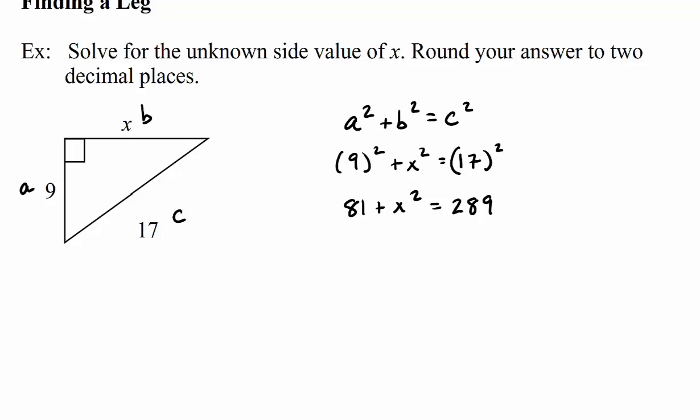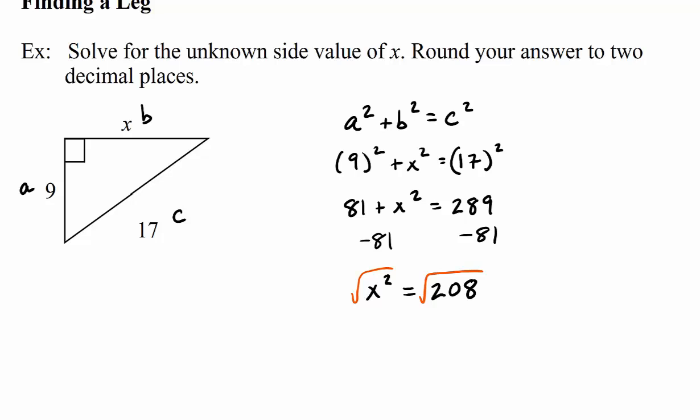And I ask myself, how is 81 connected to the x squared? It's connected via an addition, and so I need to subtract an 81 from each side. On the left-hand side, I'll then be just left with x squared, and on the right-hand side, 289 subtract 81 is going to be 208. I then square root each side to get x by itself.